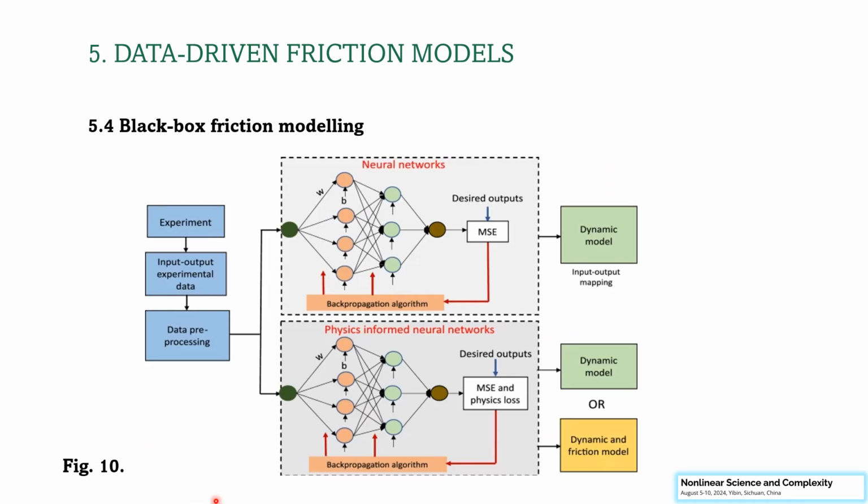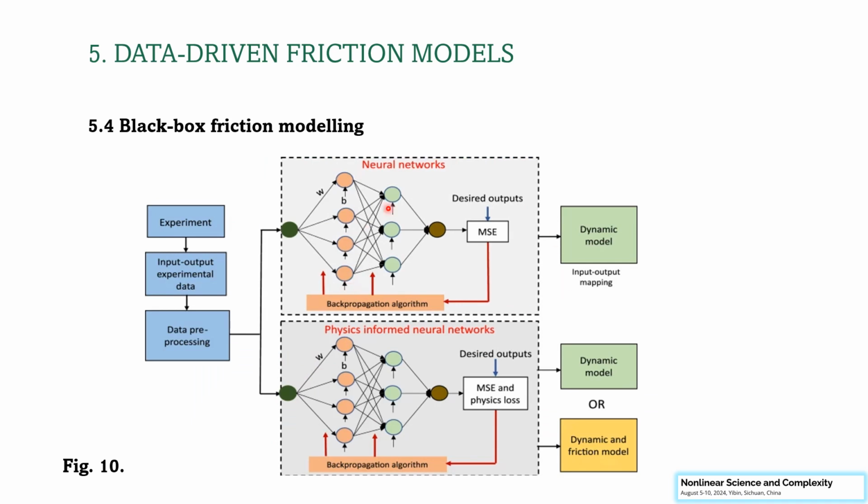Schematics shown in figure 10 presents black box friction modeling approach. Similarly to the previous case, we start from the experiment, collecting the data, then after pre-processing the data, we use neural networks.